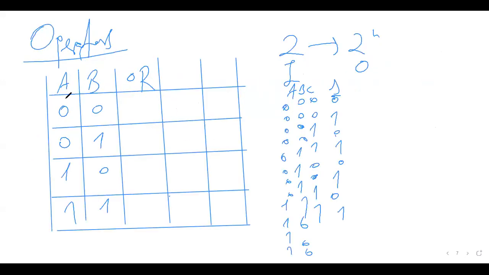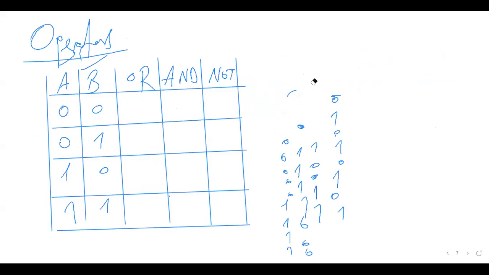So our input combinations, we have A and B. And our outputs, we have OR and, let's put a third one, which is NOT.